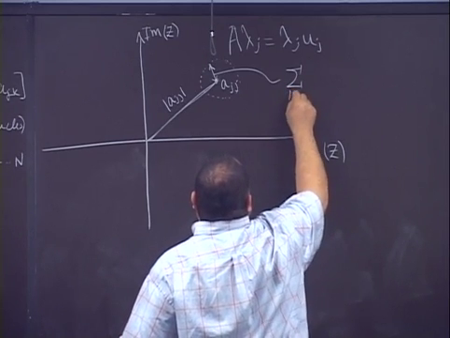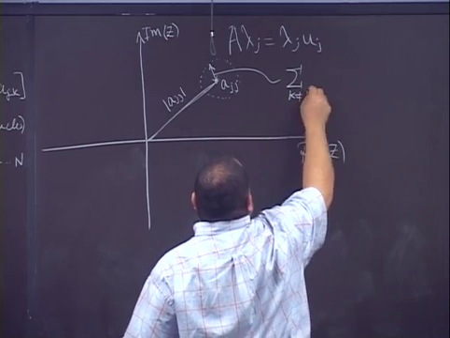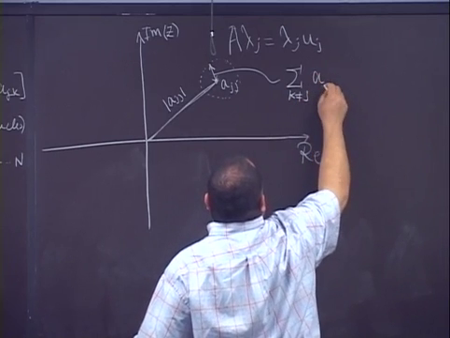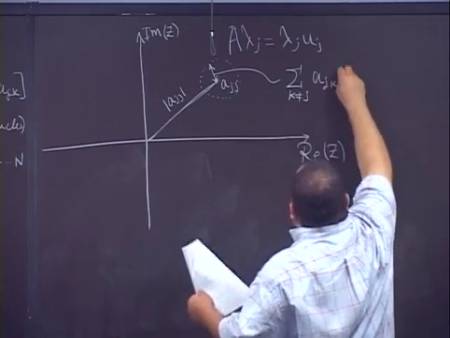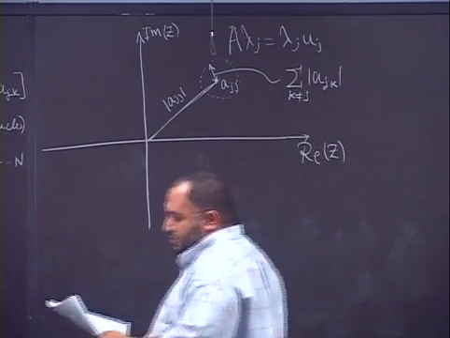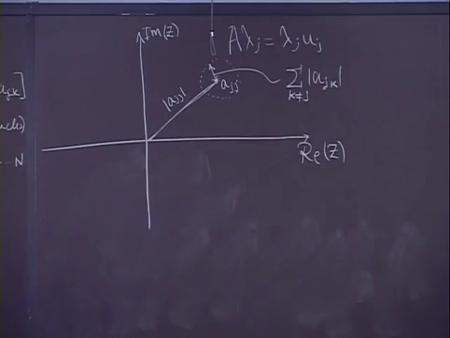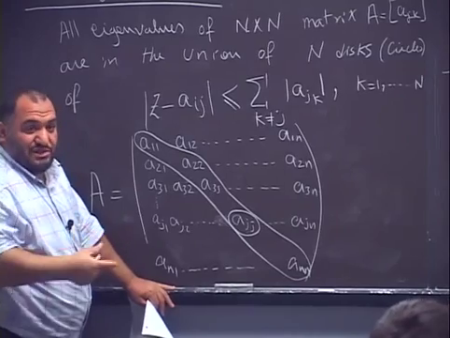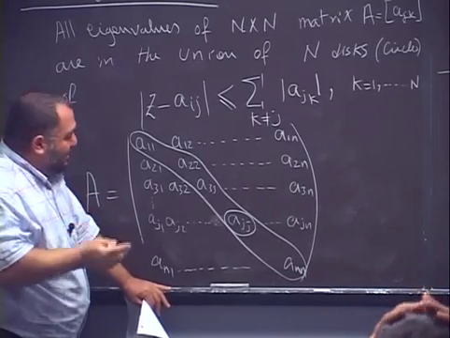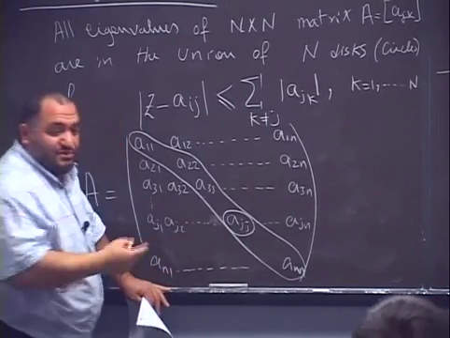So this is where k not equal to j, summation of the amplitude of Ajk. So what this is telling me is Ajj will be the center of this disk. We'll call it circle or disk.